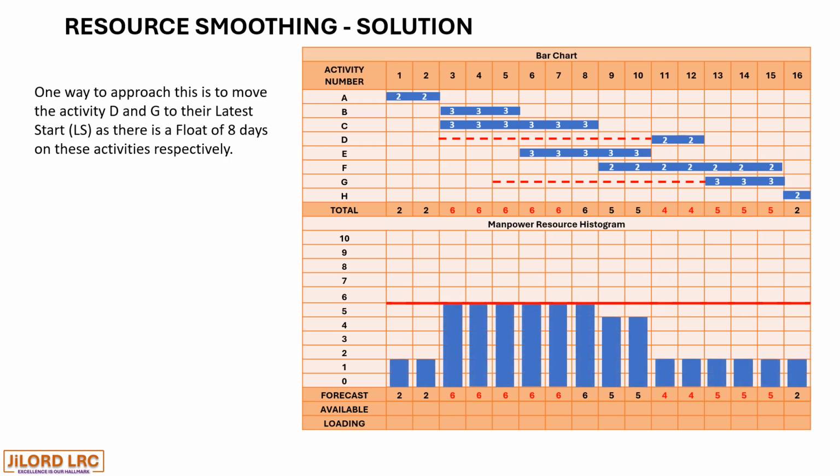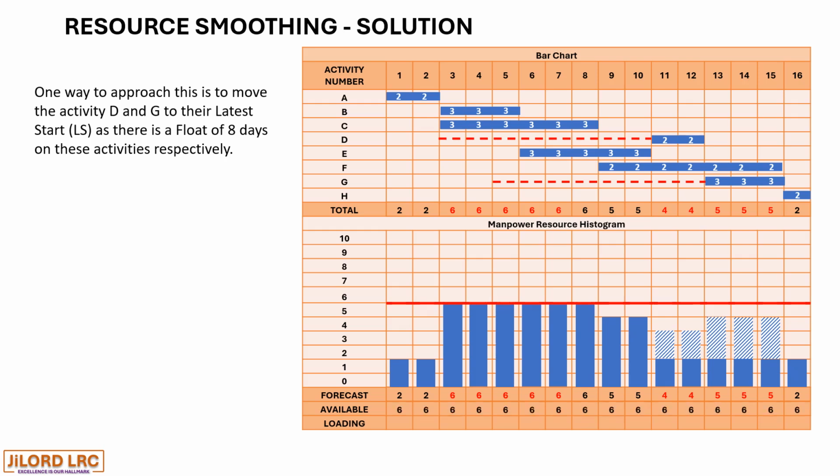So it means the resources have been moved and have been placed in those hatches we see for optimal use of the available resources. So this is how the resource histogram came out.